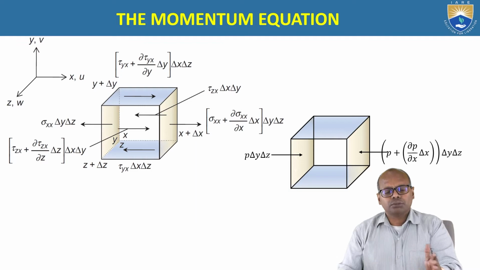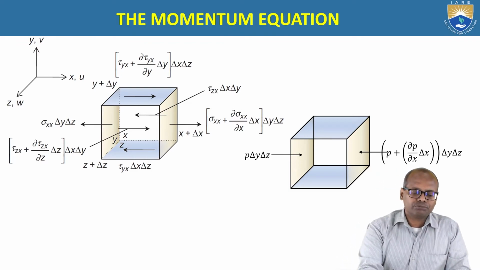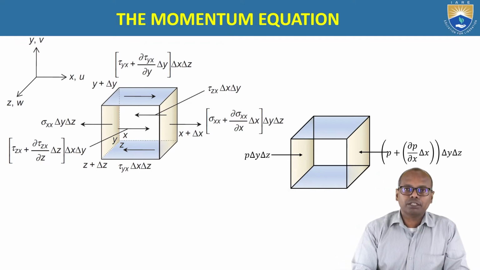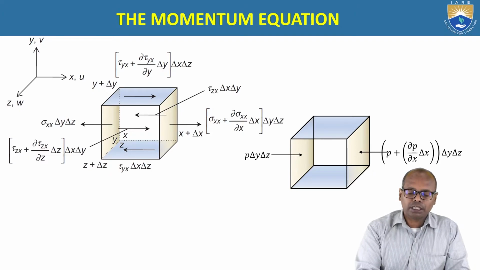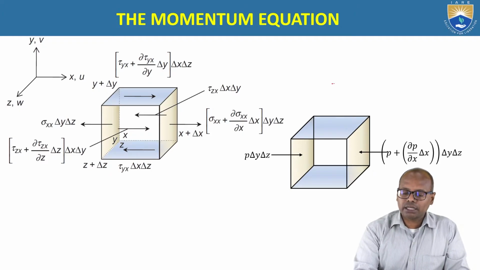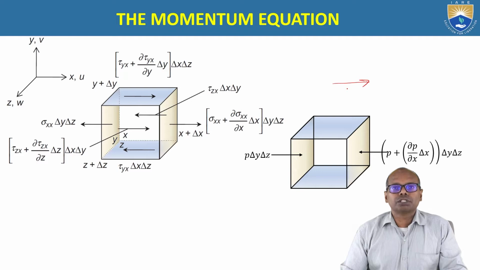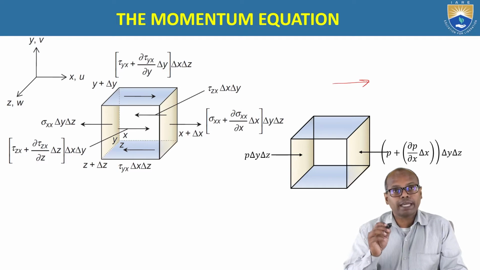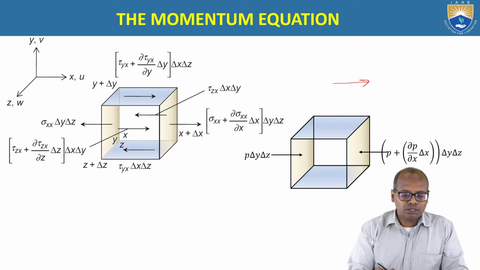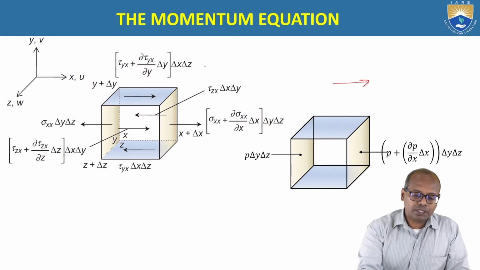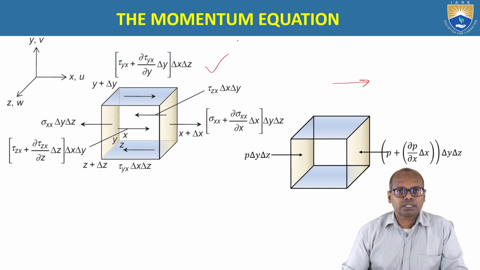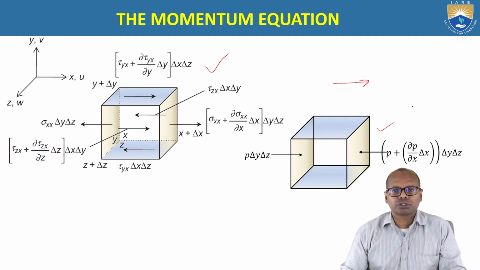Now suppose this is the fluid element, the same fluid element I am taking, and the axis along which the force is acting. We are taking only the x component derivation here. In this figure you can see all the stresses and how the pressure forces are acting.